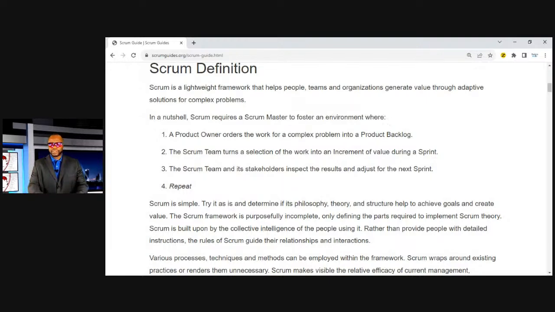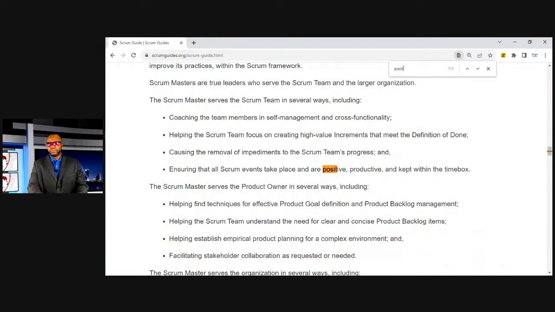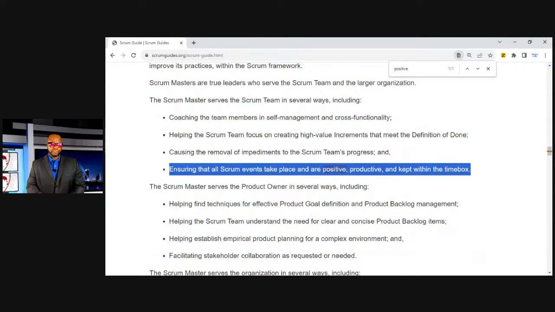There's one more word I want to accentuate here. If you do a quick search and look for the word positive, it's very peculiar that we would put the word positive in a framework. But Ken and Jeff knew what they were doing. This is not just a framework in isolation of detail to help the Scrum Master. It says ensuring that all Scrum events take place and are positive.